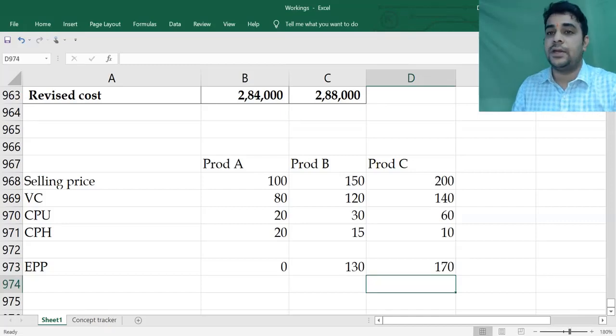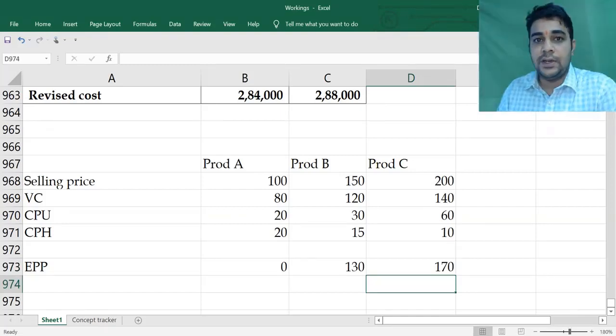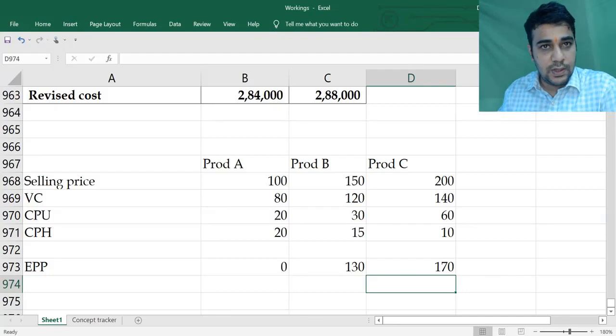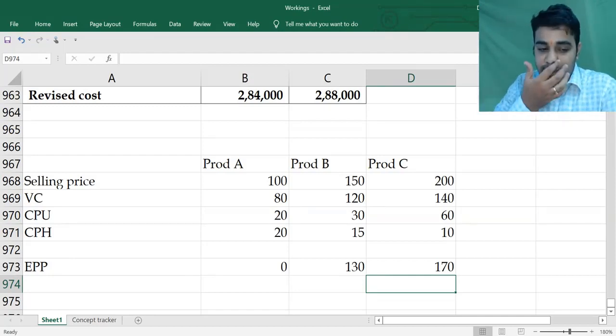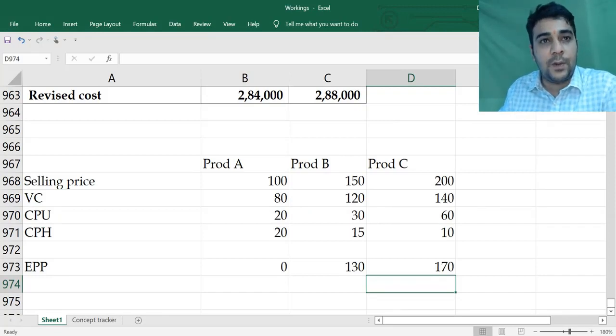This is information given to me. If you want product A, you make it in-house. Product B, outside purchase option is available. Product C, outside purchase option is available. Your relevant cost of making is 120, 140. Purchase price is 130, 170.